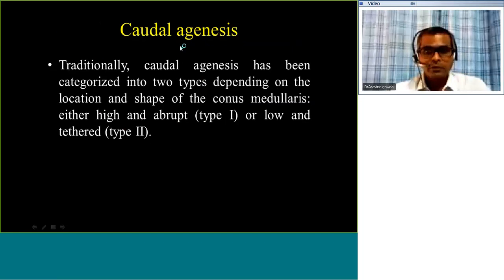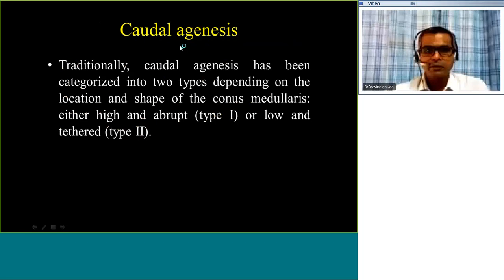And there are two types in that. Type 1 is the high type, and the other type is the low type. So caudal agenesis, I told you, is due to interference in both processes of primary and secondary neurulation.